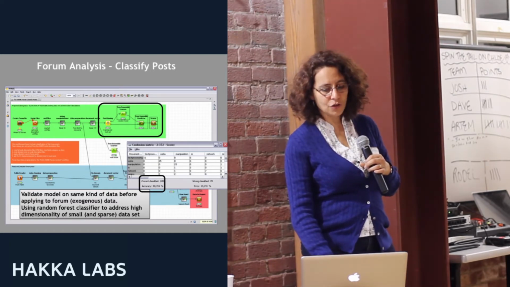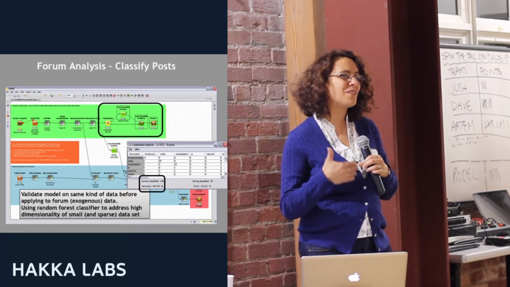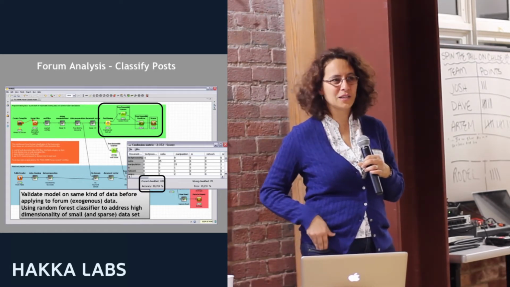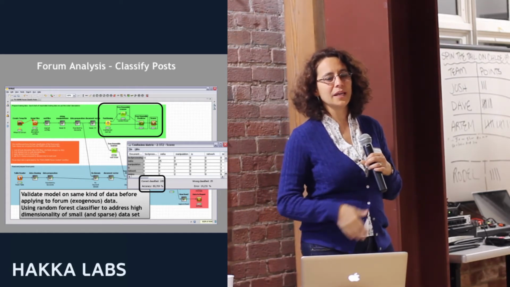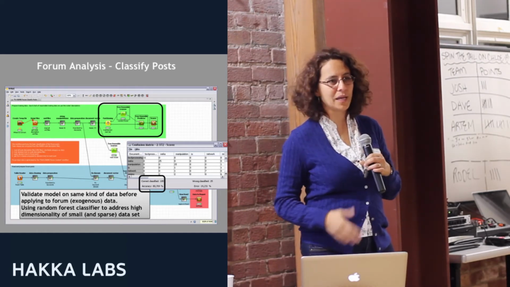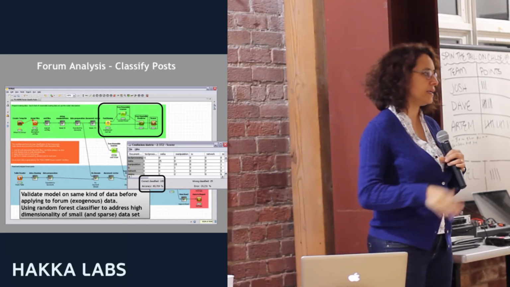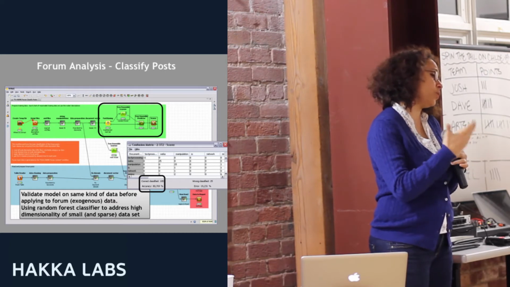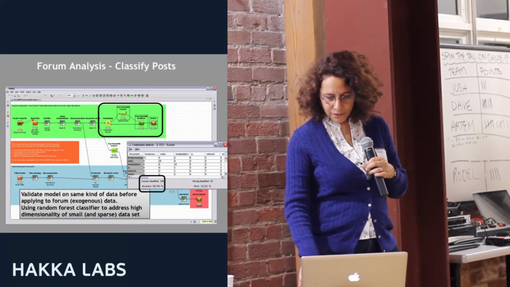So this is the validation of the algorithm on its own data, to see if I have at least the hope that it's going to work on an exogenous data set. If it's not even working on its own test set, the test set that is extracted from its data set, then I have no hope that it's going to work on some data set not completely different, but different.